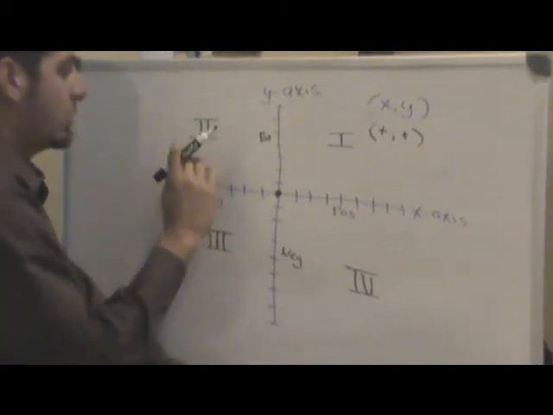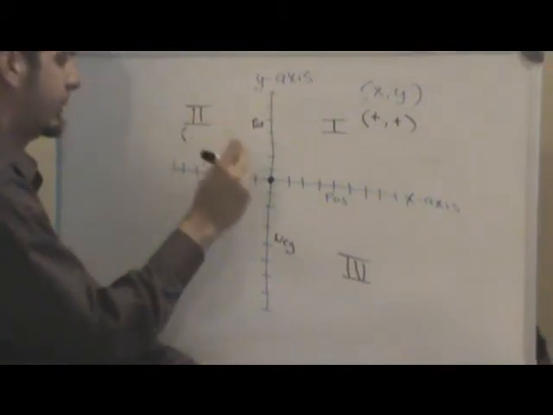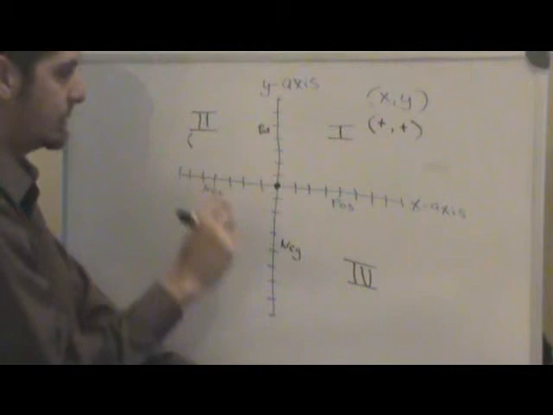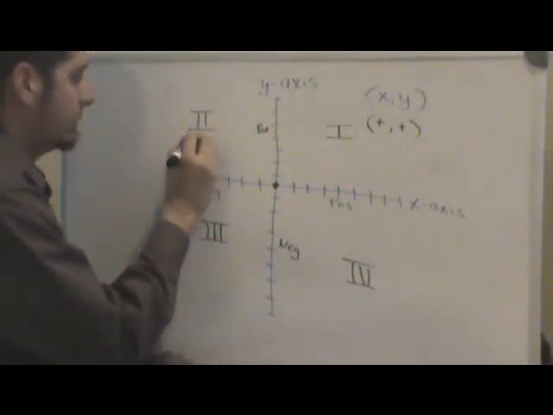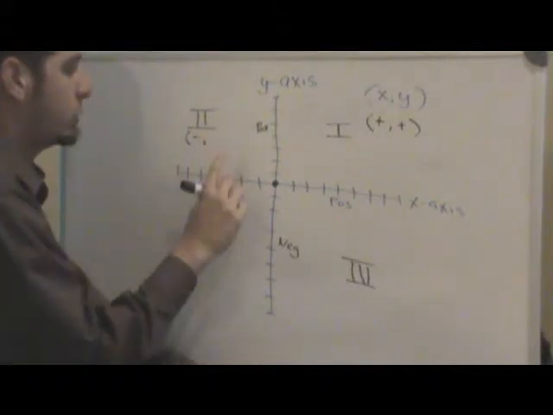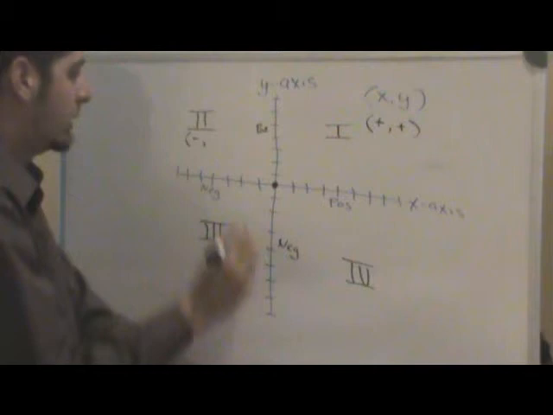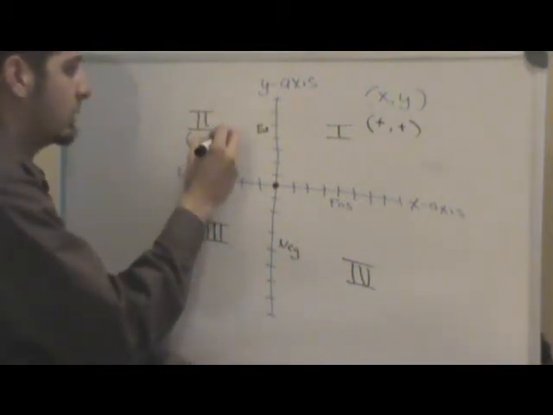To be in quadrant 2, you have to move left, so your x coordinate needs to be negative. But you still have to move up to get into quadrant 2, so your y coordinate would need to be positive.